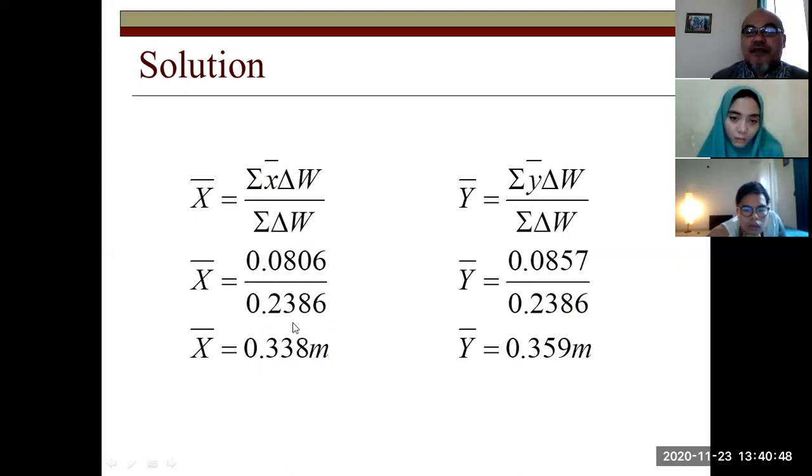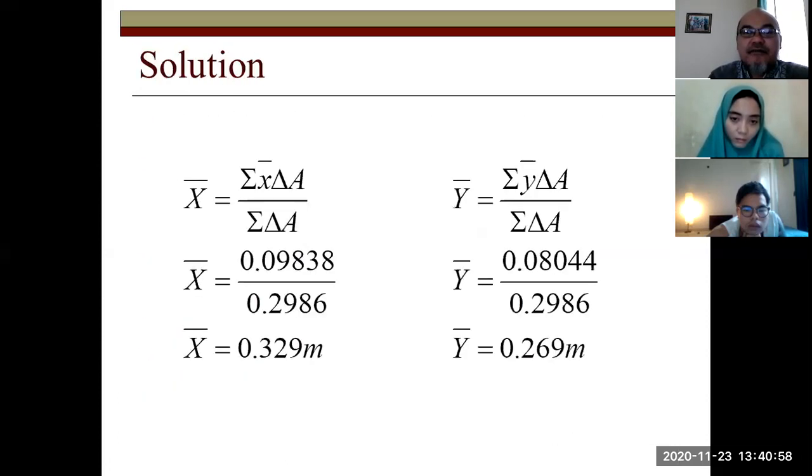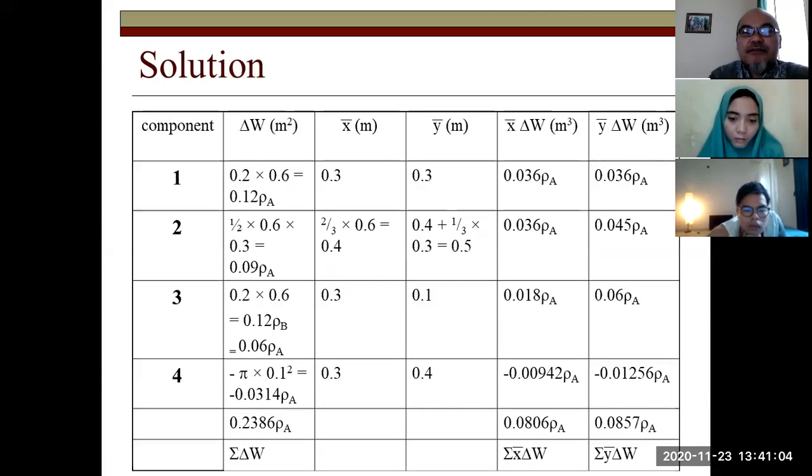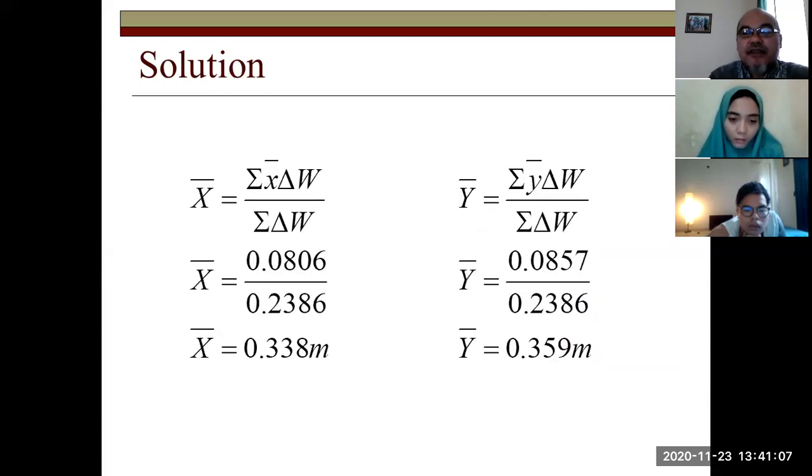It's 0.338 meter for x, and y is 0.359 meter. If we compare the results with the previous example: in example 1, the x is 0.329 meter. Example 2, 0.338 meter. So it shifts a little bit to the right.